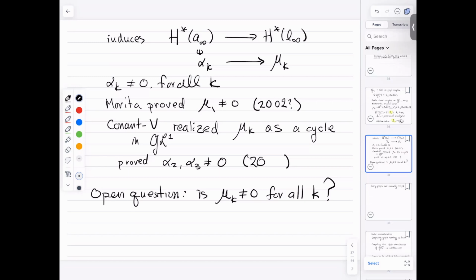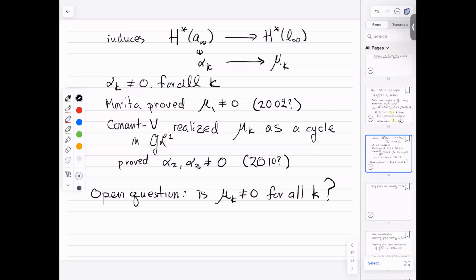So Jim Conant and I reinterpreted all of this stuff as just a bunch of graphs, so a cycle in this graph complex. And we proved that mu 2 and mu 3 are not zero from this point of view, and I didn't look up the date for that either.